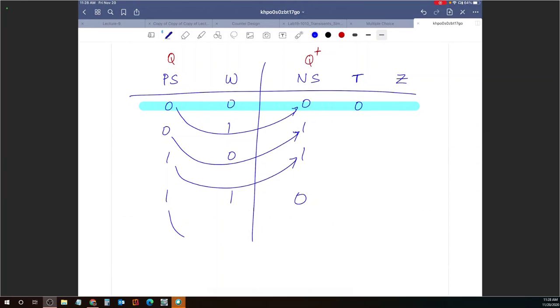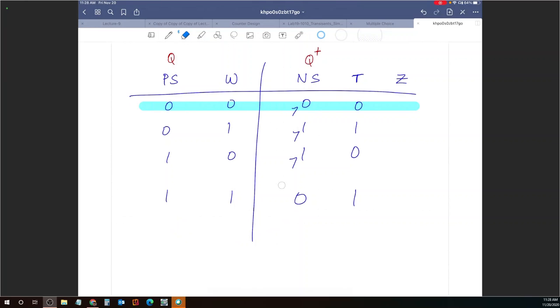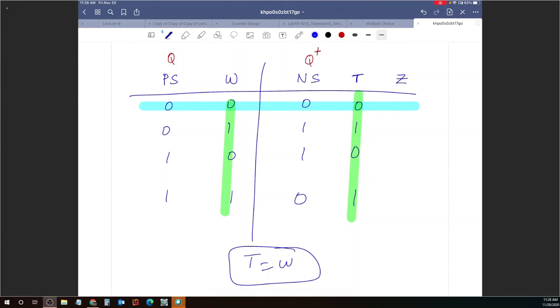Yes toggling. Now, if you see this, what does this match? This matches this. So you could say T equals W. That's exactly what we did here.